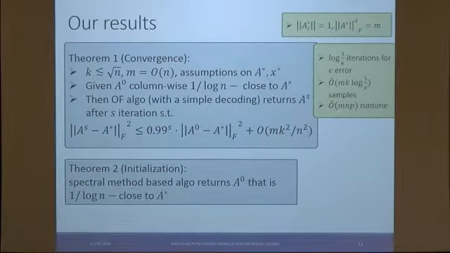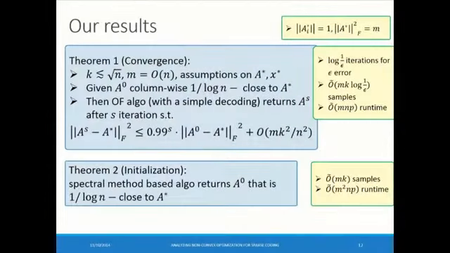And the runtime is m times n times p. This is really very good because if you want to evaluate this energy function, you need to multiply an n by m matrix with an m by p matrix. Even this multiplication takes n times m times p if you don't use fast matrix multiplication, per iteration. But the number of iterations is log n. I use this tilde to hide the log factor. The initialization also takes the same number of samples, and the runtime is a bit larger.